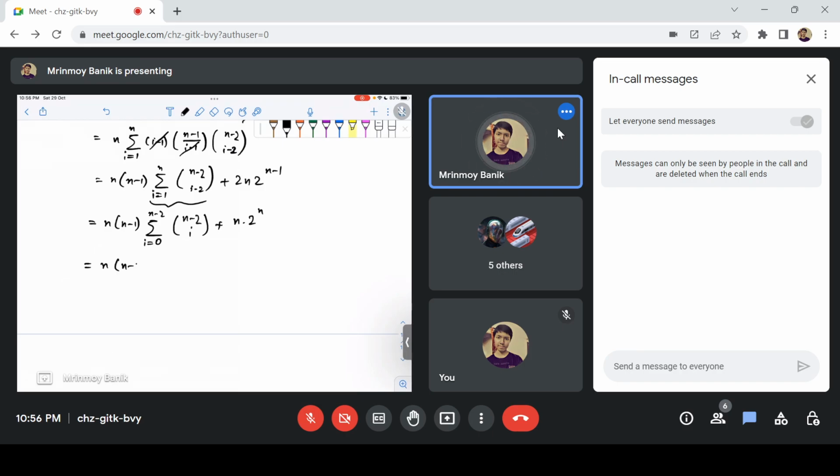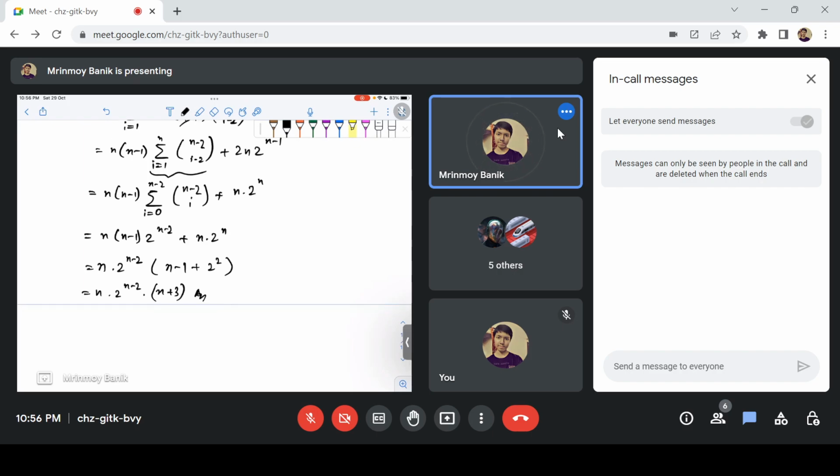So it's n into n minus 1 into 2 power n minus 2 plus n into 2 power n. We take common n into 2 power n minus 2. It's n minus 1 plus 4, so it's n into 2 power n minus 2 into n plus 3.